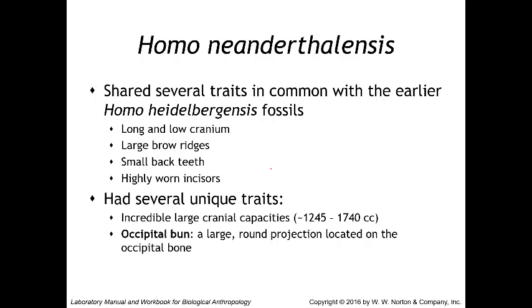But if we take into account the estimates of Neanderthal body weight and their brain to body ratio, we actually find that the brain to body ratio is lower than that of the average human today. So just to put that into perspective, they did have very large cranial capacities, larger than us modern humans, but that brain to body ratio was also smaller than us modern humans.